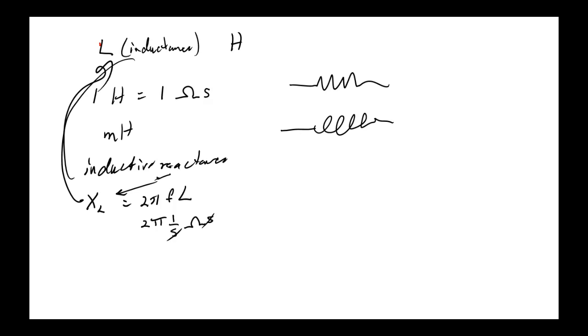So the current in a circuit that has only an AC voltage source and an inductor is then this. Current is equal to E, which is the voltage, divided by X sub L, the inductive reactance. But remember, that acts like a resistor, and I is equal to E over R, right?